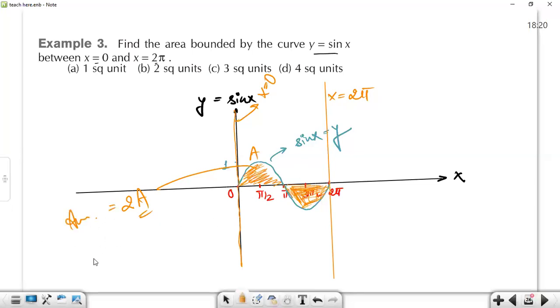So the function sin x, we are going to integrate it with dx from 0 to pi, right? And thereafter, we will double it for the answer. So integration of sin x is what?